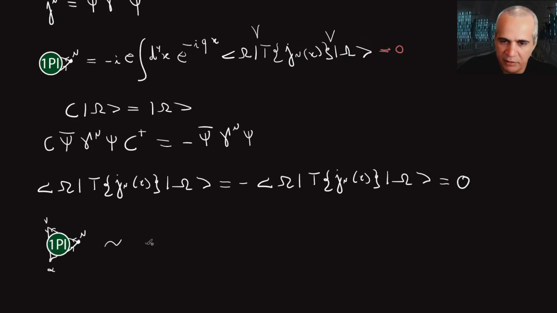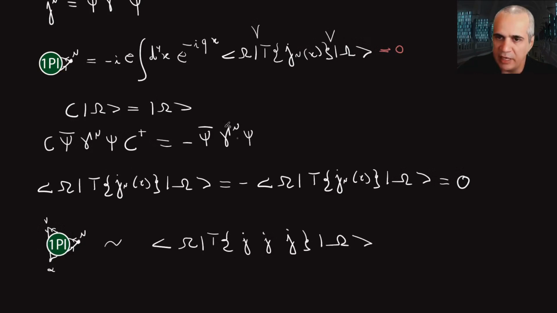And this will be something proportional to the vacuum expectation value of now 3 currents. I won't put all the indices here because it's not needed, right? And then if you do the same charge conjugation argument and insert them all over here, you still have something like (-1) to the n, where n is the number of external legs, in this case 3, right?